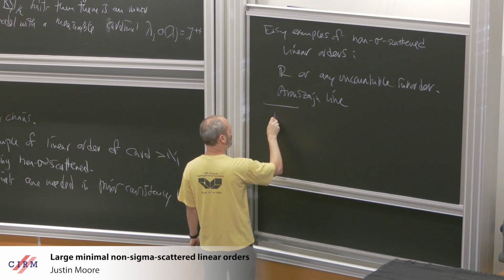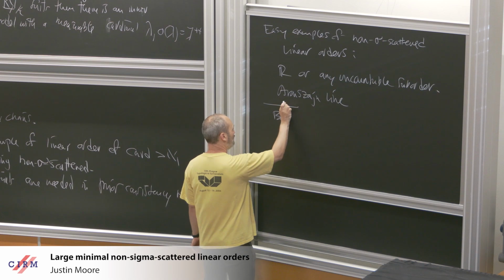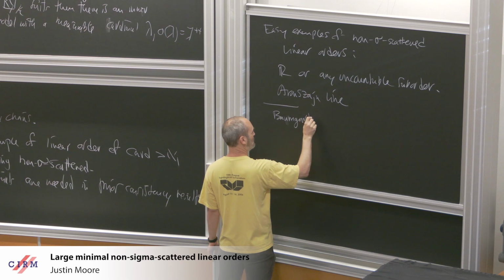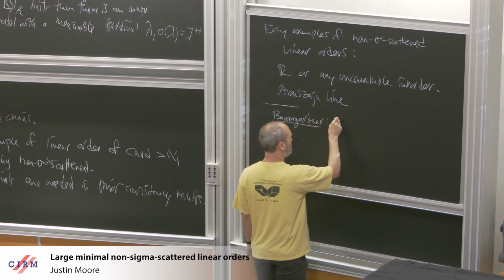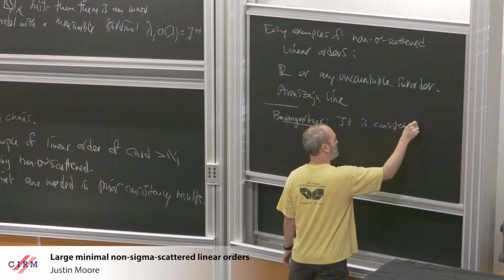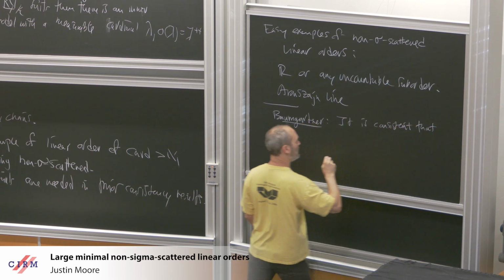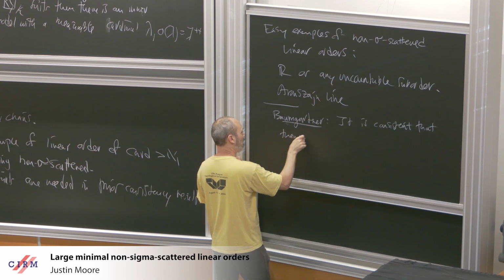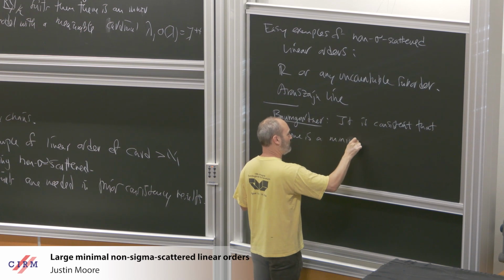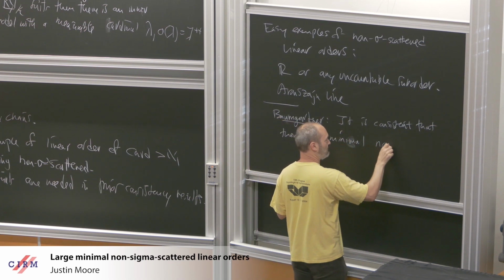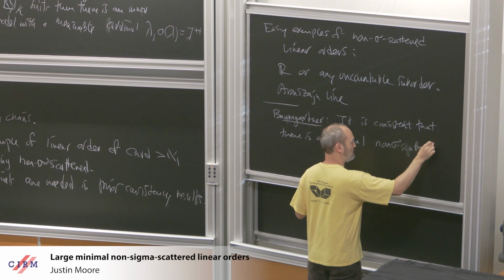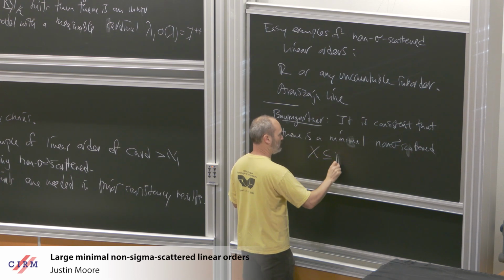I guess the beginning of the story is maybe Baumgartner. It is consistent that there is a minimal non-sigma scattered X subset of R, right?